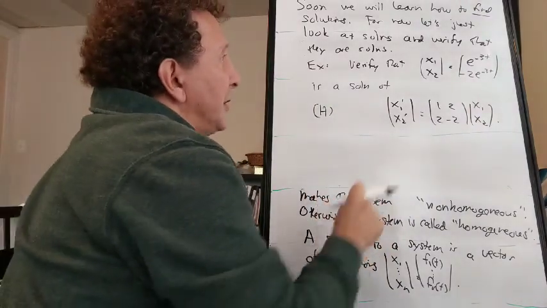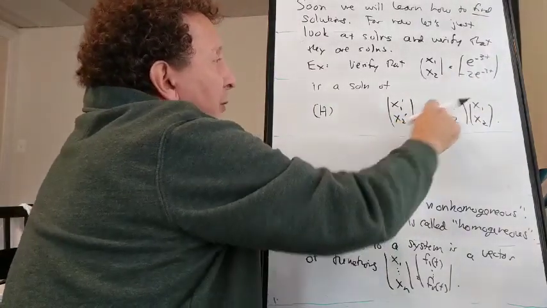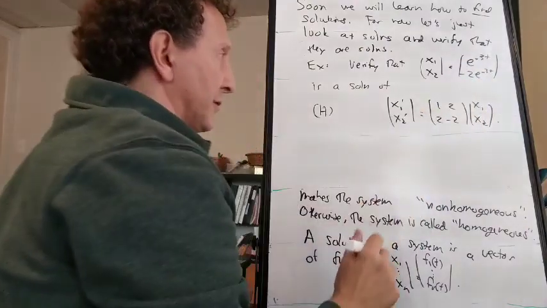So it's a solution if its derivative vector equals this matrix times the vector of original functions.